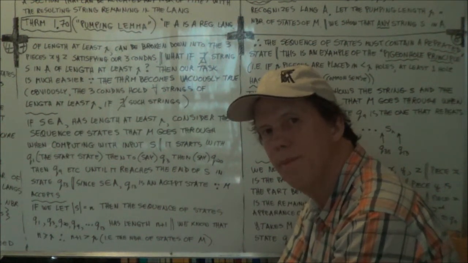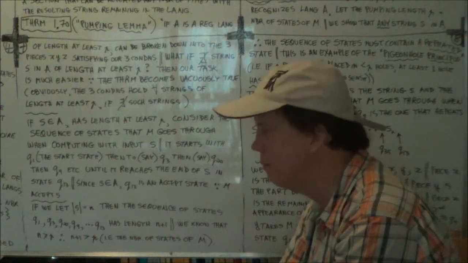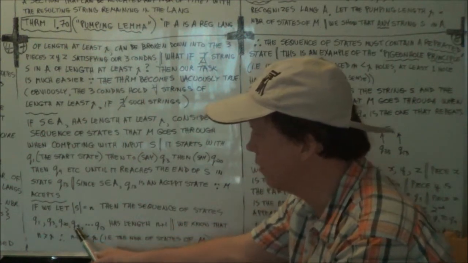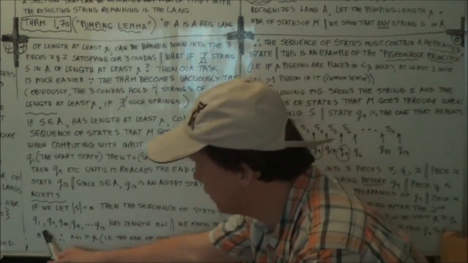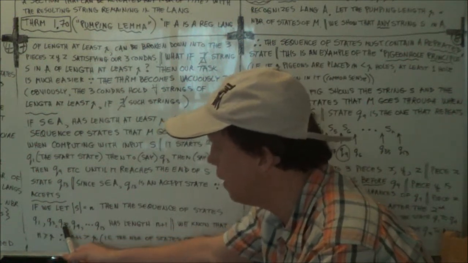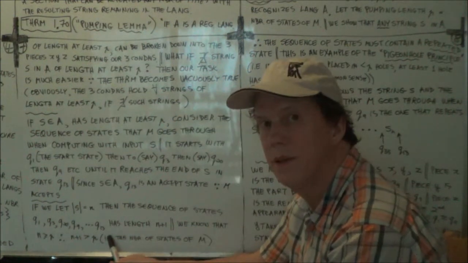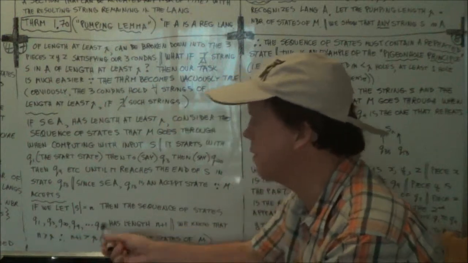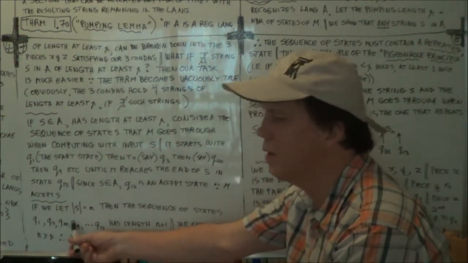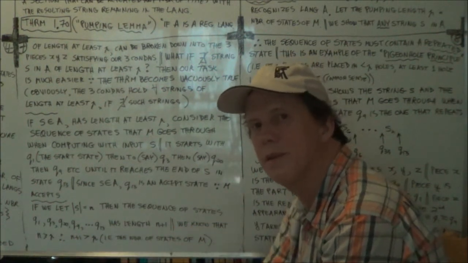So, does that seem reasonable? If every state were different, you would run out of states after n, but we have n plus 1 states in this sequence. So at least one of those states must be a repeat, has to be.